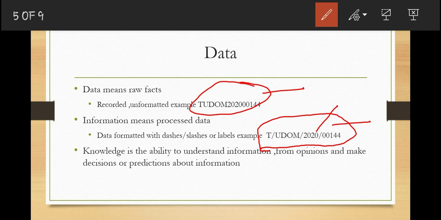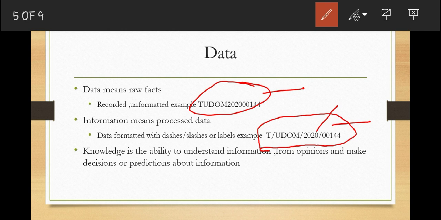So this T/UDOM/2020/00144 was actually used to represent and identify an individual that we call Mogos. Contextual cues such as labels are needed to turn data into information that is familiar to the reader.